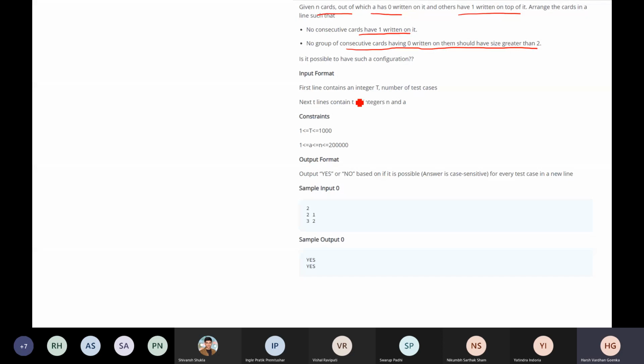So there can be no 2 consecutive ones. You have to just output whether it is possible to have such a configuration. You don't need to display the configuration, you just need to find if there exists a way.